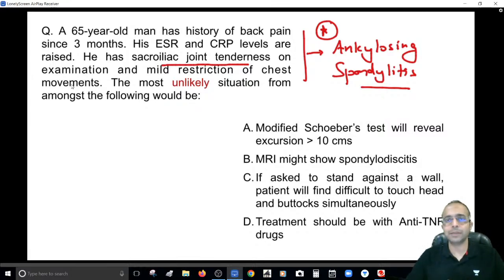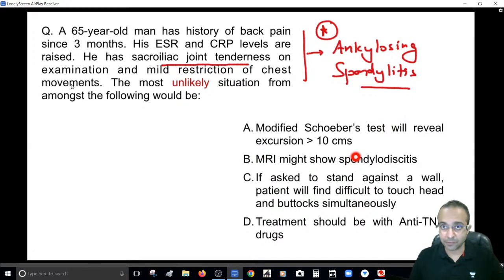So Ritesh, you're absolutely right that this is actually a case of ankylosing spondylitis, and reading the history, this is ankylosing spondylitis because the sacroiliac joint has been involved. So I want you now to help me out with the incorrect choice here. You do the modified Schober's test, you find the excursion to be more than 10 centimeters, this is incorrect. Or will the MRI be showing spondylodiscitis?